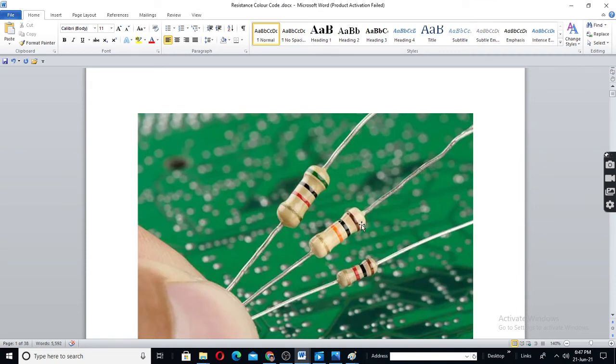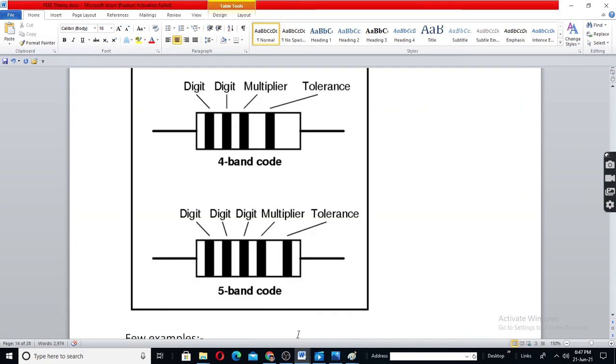And you can see the distance between the three bands will be the same. See this distance, this one is the same. This is more. The tolerance band will be of more distance. You can see here the first three bands, one, two, three, are equally displaced. The fourth band is placed at a higher distance.